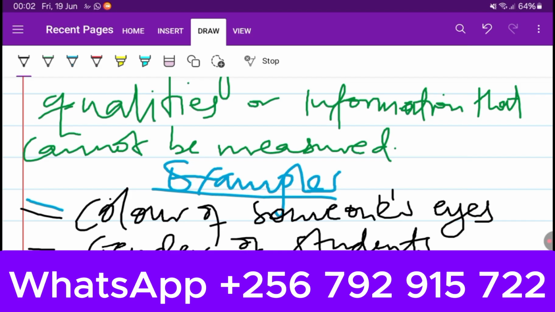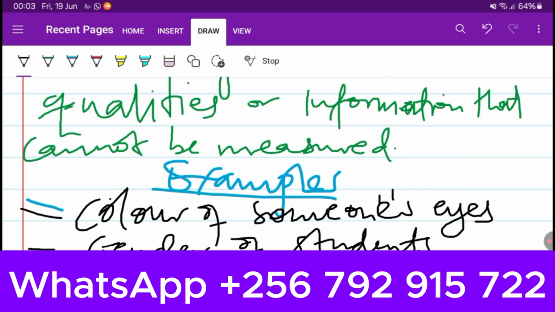But quantitative data deals with numbers, data that can be measured, things to do with length, height, weight, volume, temperature, speed, sales, sound levels, costs, members, age, and others.